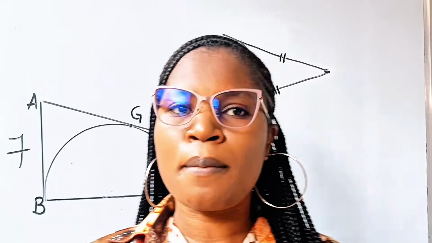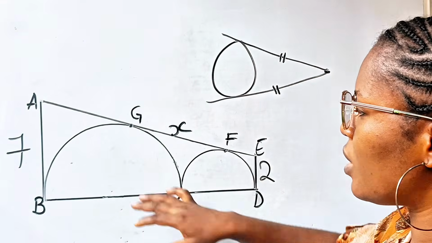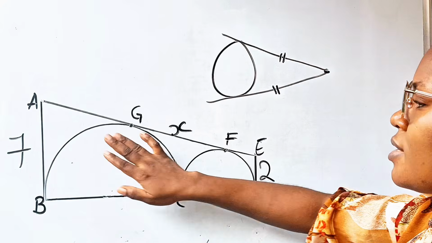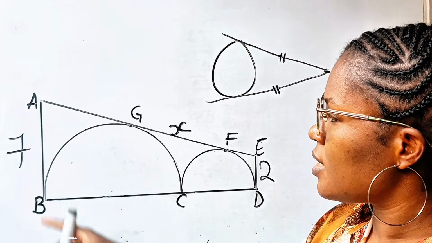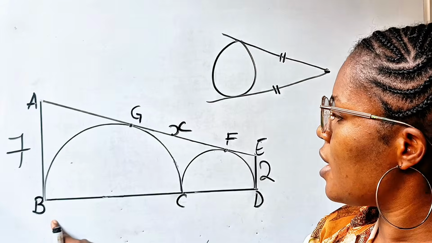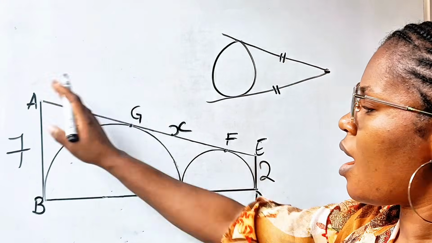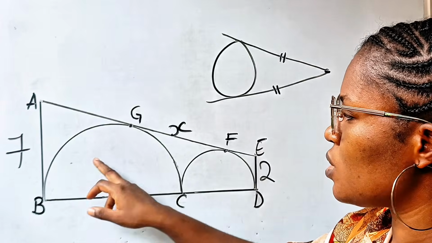So if we have that in mind, then let's look out for such points on this diagram. Then it simply means that AB and AG are what? You can see that both of them are tangent to this circle.